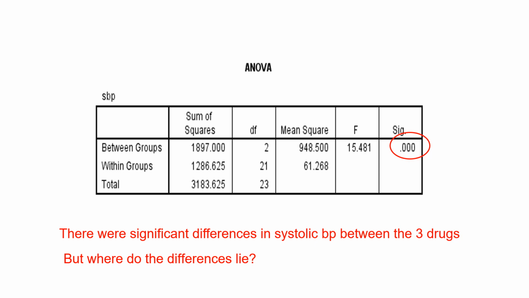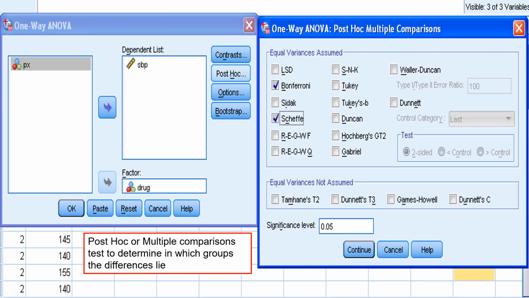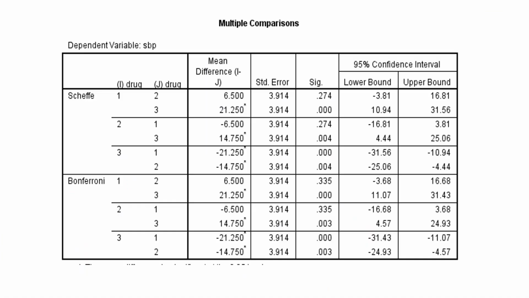But it does not specify in which drugs the differences lie. This is addressed by doing your post hoc analysis or multiple comparisons test. By clicking on post hoc, it specifies the choices for your post hoc tests. The results show that the differences in systolic blood pressure were between drugs 1 and 3 and drugs 2 and 3.